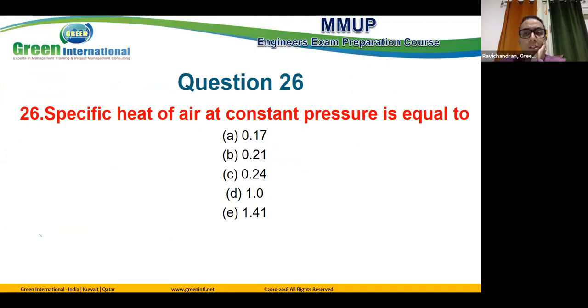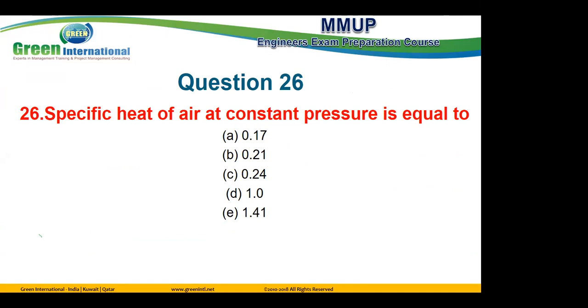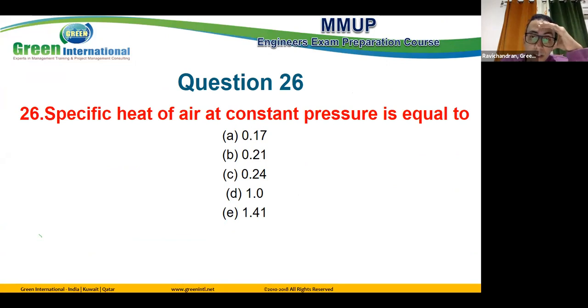Specific heat of air at constant pressure is equal to... specific heat of air at constant pressure. It means specific heat is C, at constant pressure, it means CP. So what is the correct answer?